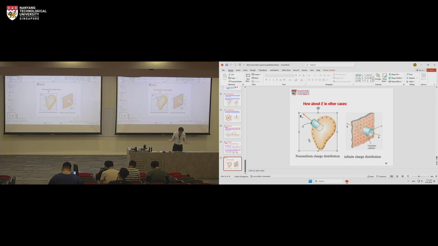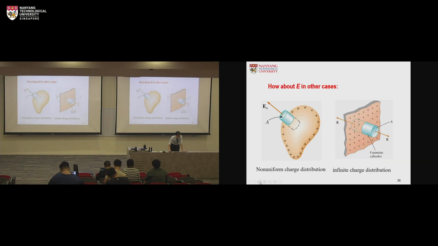But in reality, the charge distribution can be more complicated. Let's say it may not be uniform, or it can be an infinite charge distribution. If it's infinite, like in this case, then simply you cannot do this integration. Or in another way, if we still follow the same logic of doing integration, then it's going to be an integration from minus infinity to positive infinity.